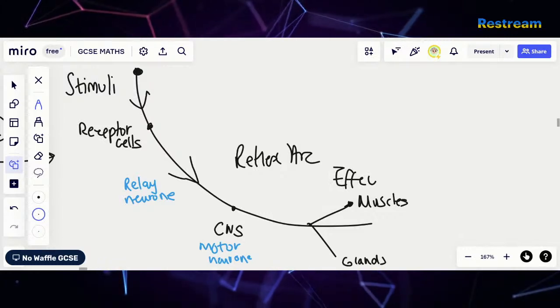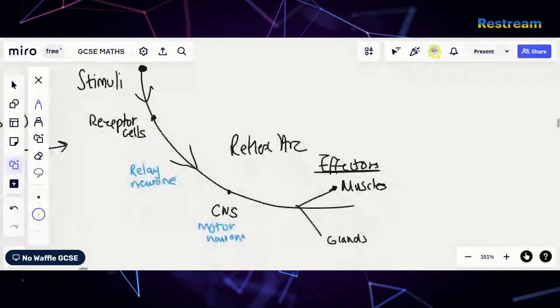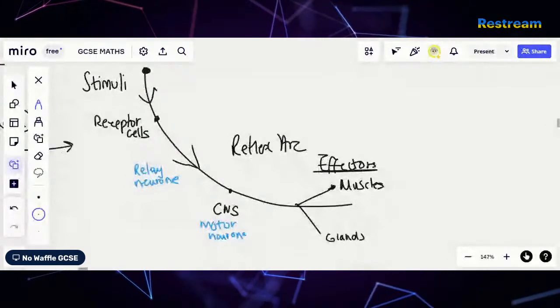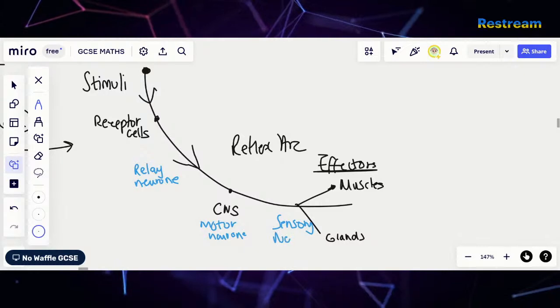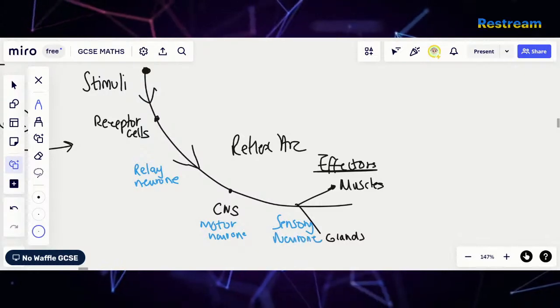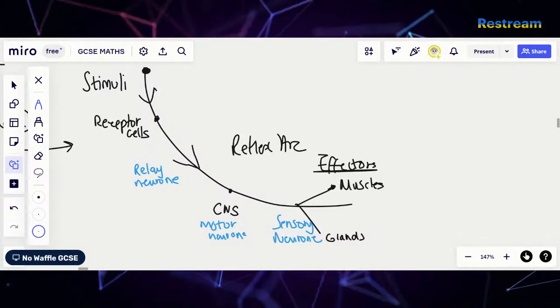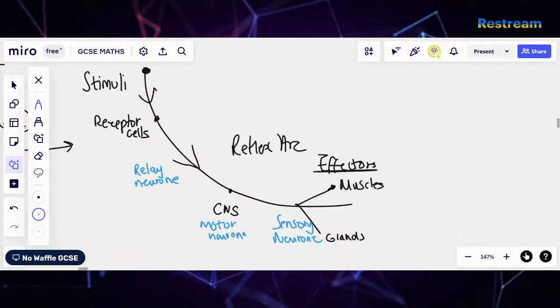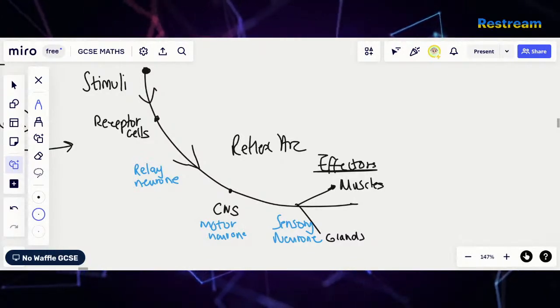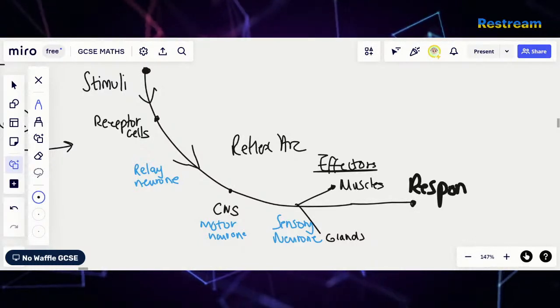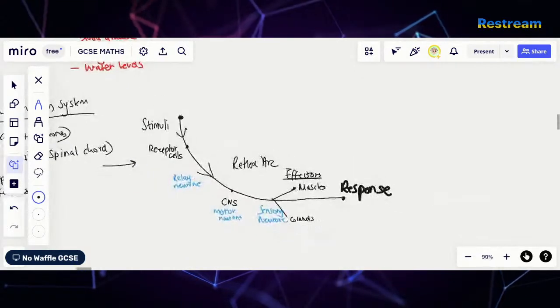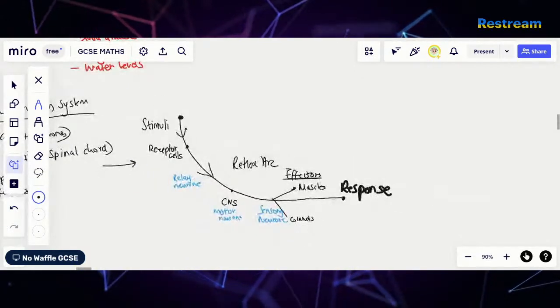They carry out the effect, and that leads you to the final destination, which is the response. And that is the reflex arc.